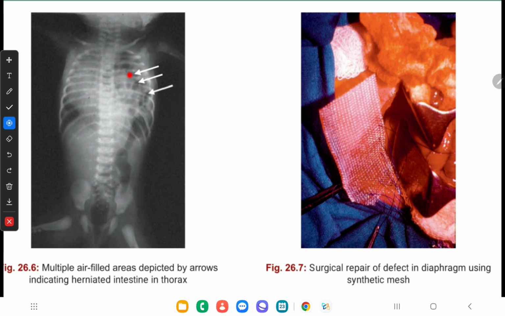Here you can see very nicely this can be due to weakness of the muscle in the diaphragm in this area. So you can see in an X-ray of congenital diaphragmatic hernia like this, the intestinal loops are going to the thorax.